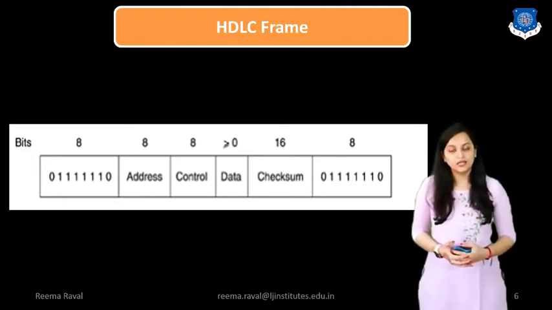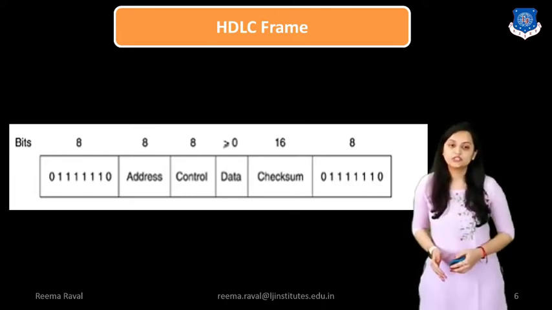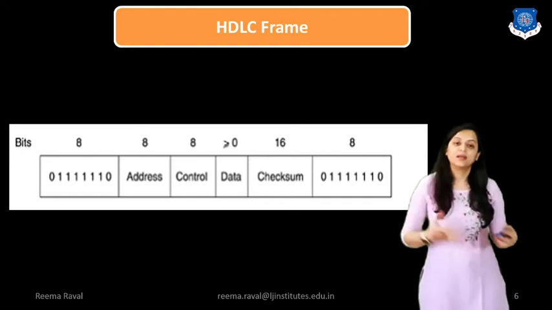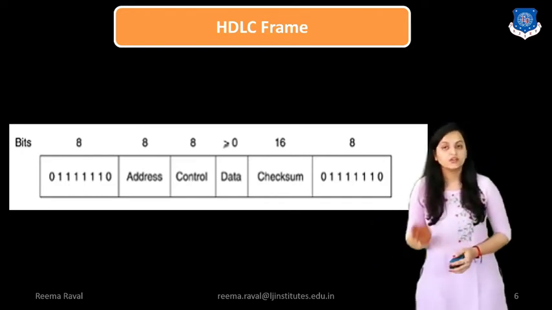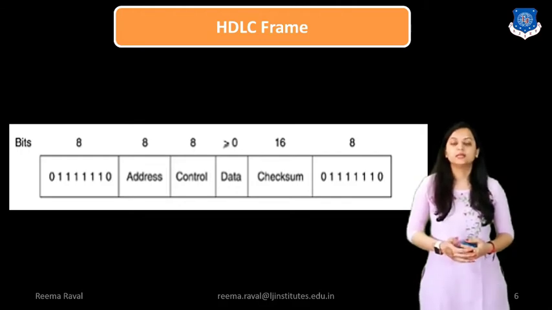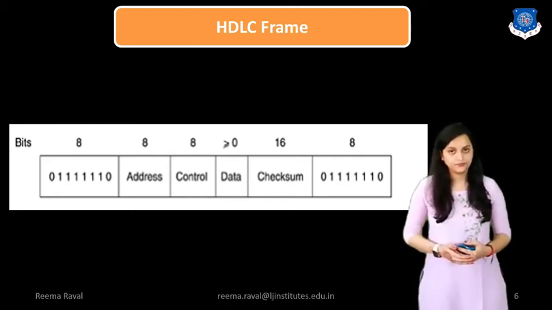The second field is the address field. Here the primary station will put the secondary station's destination address in this field, which is of 8 bits.